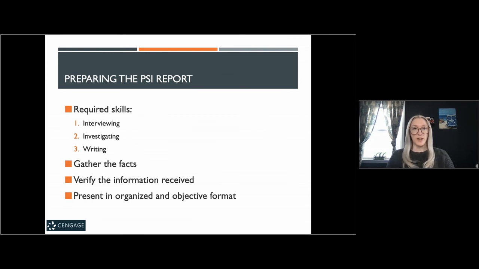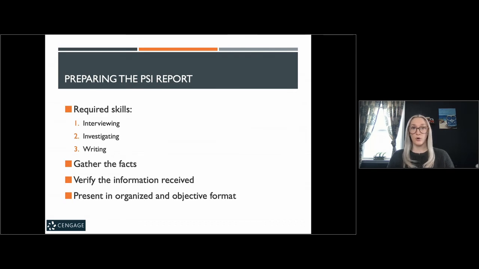So, in trying to gather all of that information, what does the PSI officer need to do? Well, they need to have great interviewing, investigating, and writing skills. So you need to be very talented here. You need to be able to interview individuals, which is what you're going to do this week for your assignment. So you need to make sure that you're able to speak with someone and obtain information during a conversation. You have to have good investigating skills.